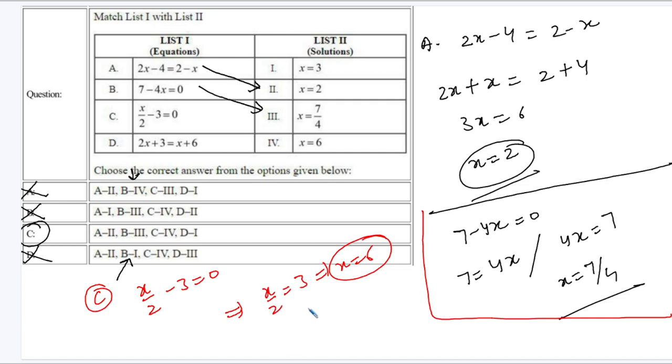Multiplying both sides by 2 will remove this 2 from x, and we'll get the answer x is equal to 6. Similarly, this can be solved. When you take this x on the other side, this will become 2x minus x equal to 6 minus 3. So x is equal to 3. So this goes with 3 and this goes with this.